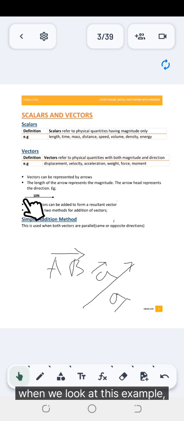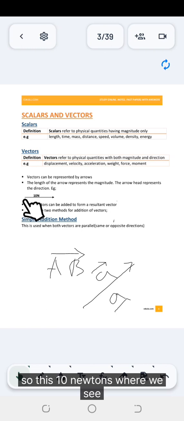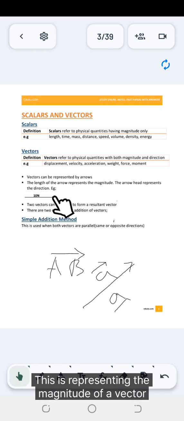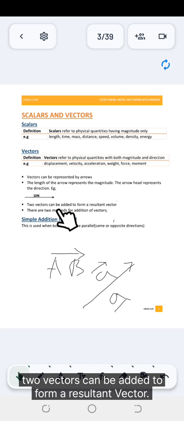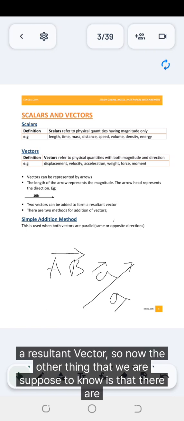In this example, 10 newtons, from the tail up to the arrow head, represents the magnitude of the vector, and the head represents the direction. Two vectors can be added to form a resultant vector. So the addition of two vectors forms a resultant vector.